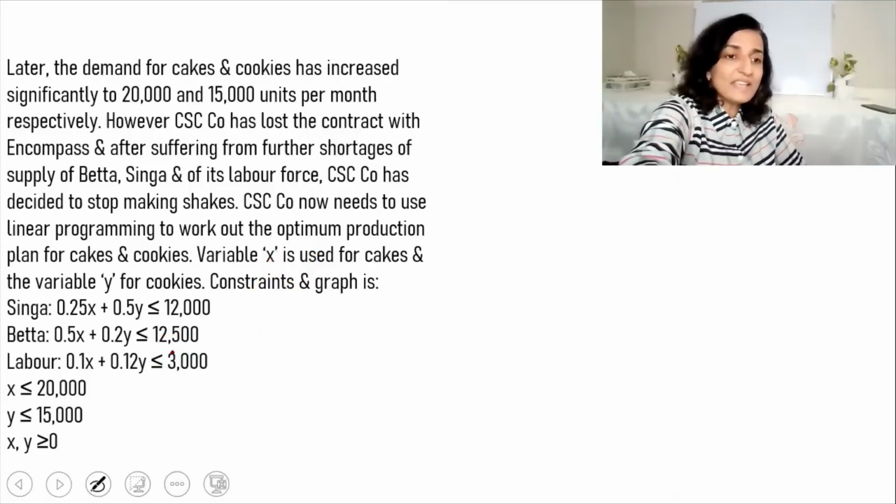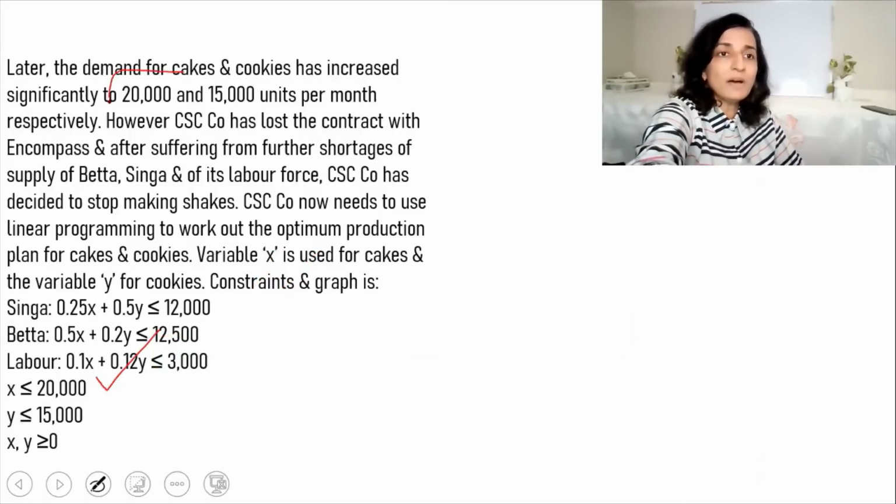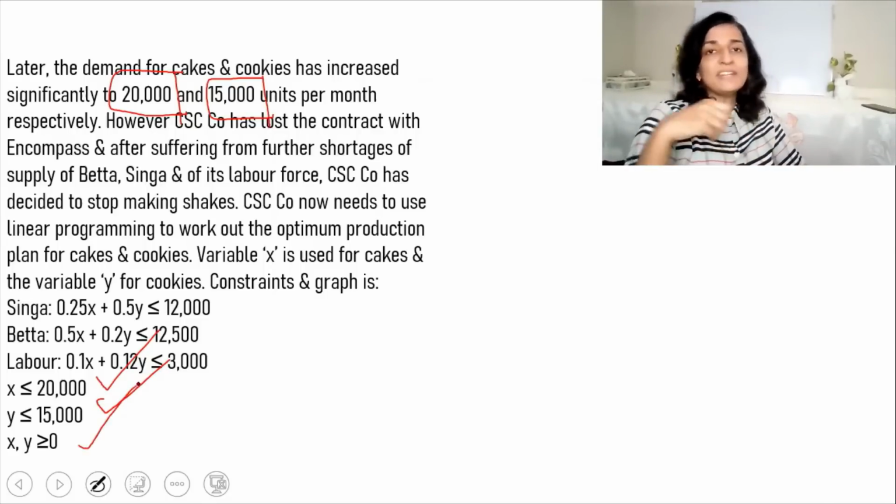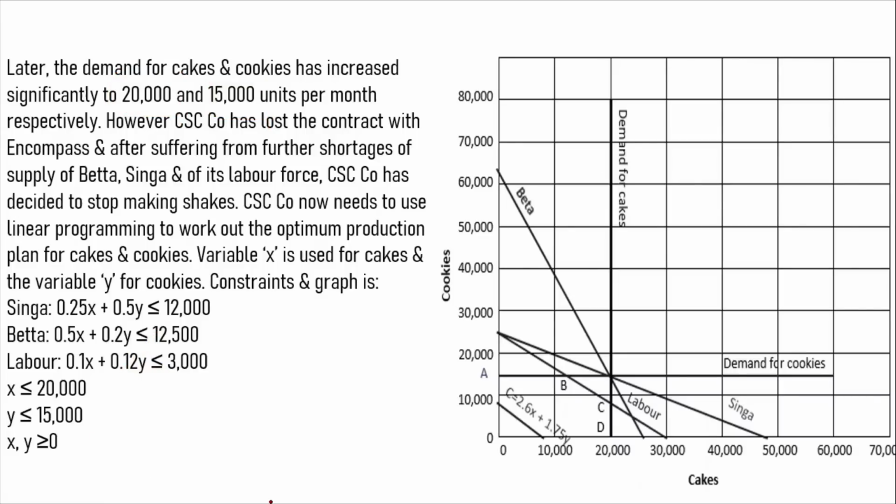And X should be less than or equal to 20,000 because the demand of cakes is restricted to 20,000. And Y should be less than or equal to 15,000 because the demand of cookies is restricted to 15,000. And definitely X, Y should be greater than or equal to 0 because it can't be a negative figure. So this is the graph.